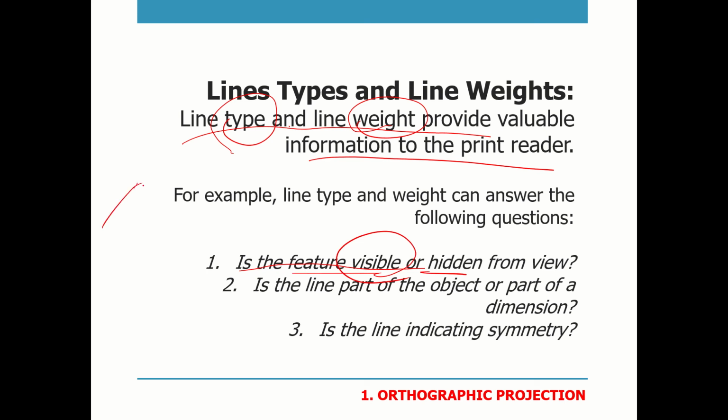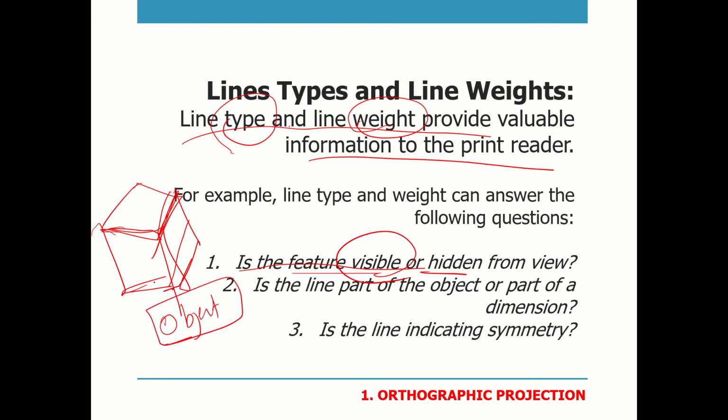Like I was explaining with a cuboid, firm continuous lines indicate object lines, which are visible lines. Hidden lines are used to show the shape of the object.